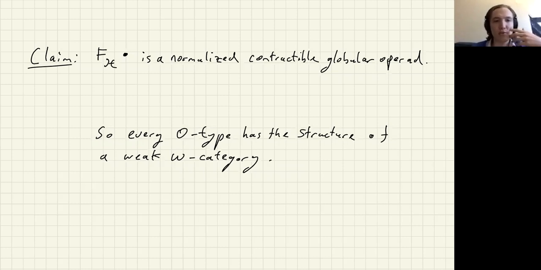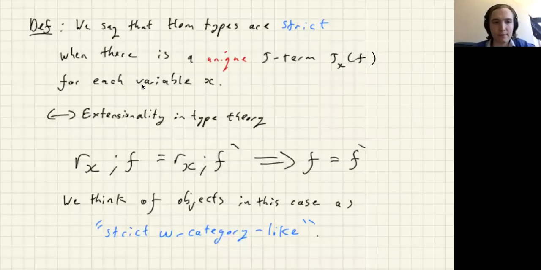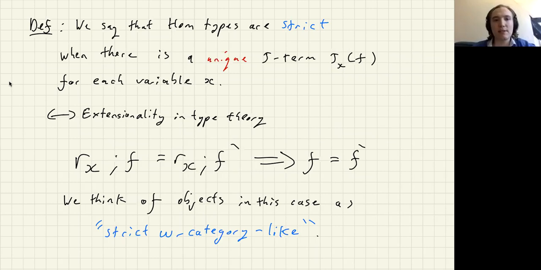Okay, let's try and generalize this observation, not just to FH of the point, but to more general things. So, a brief interlude: we can demand an extra property of our homomorphism types, which says that they are strict in some sense. What this says is that the various J terms that we can construct are always going to be not just equivalent, but actually equal.